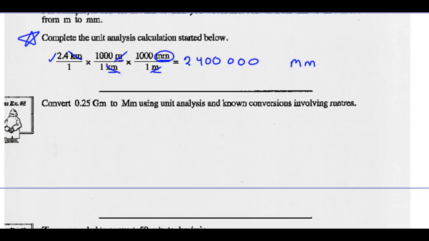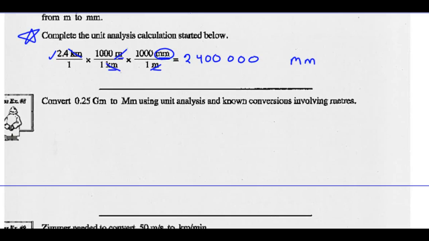Convert 0.25 gigameters to megameters. So we start with what we're given. 0.25 gigameters over 1.